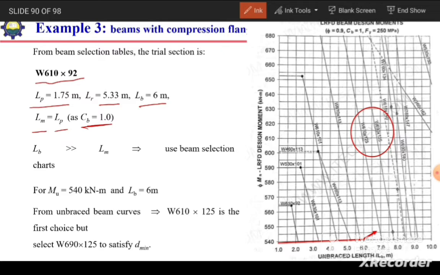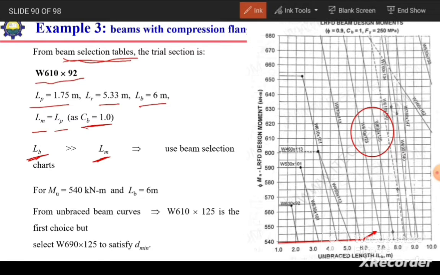Once we select the section based on the beam selection table, we need to check whether this LB is more than LM or less than LM. If the unbraced length is more than LM, then the section selected based on the beam selection table will be inadequate.